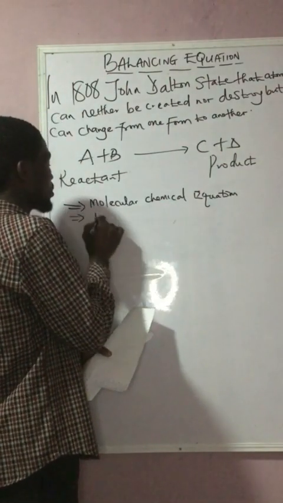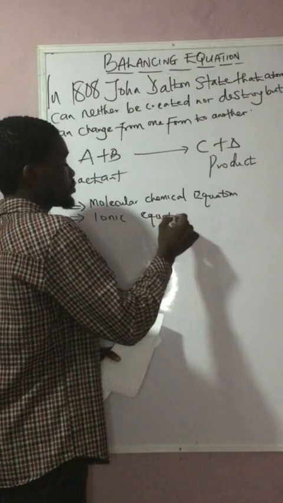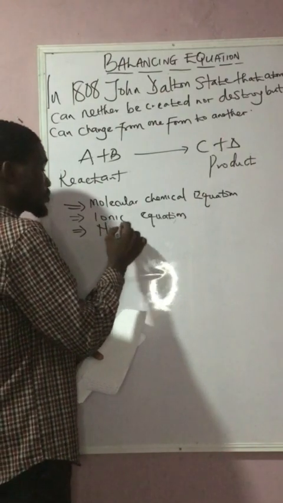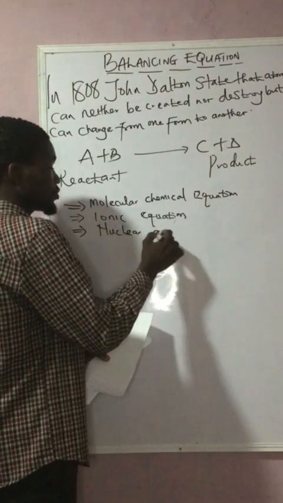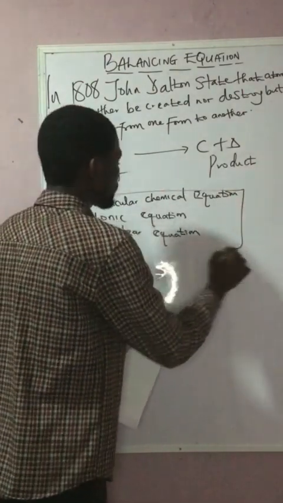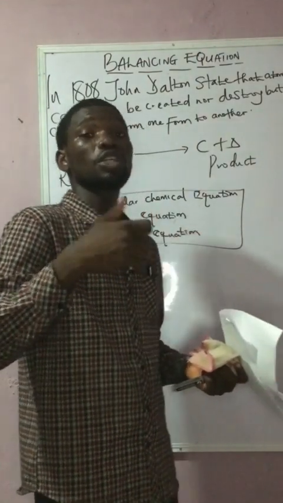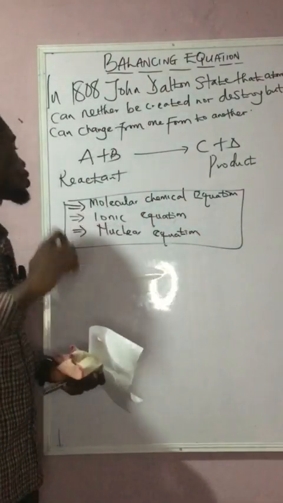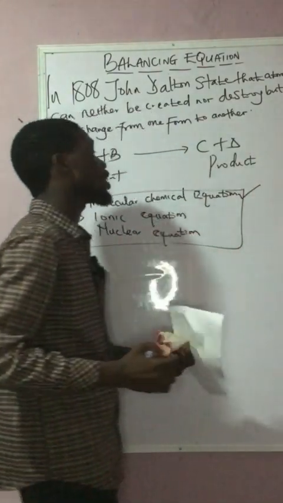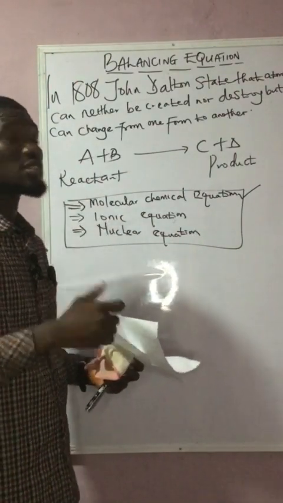We also have the ionic equation, which is under redox. We also have the nuclear equation. So as you can see, these are also types of chemical equations. But the main one we want to look at today is the molecular chemical equation. And what are the rules that guide this chemical equation?